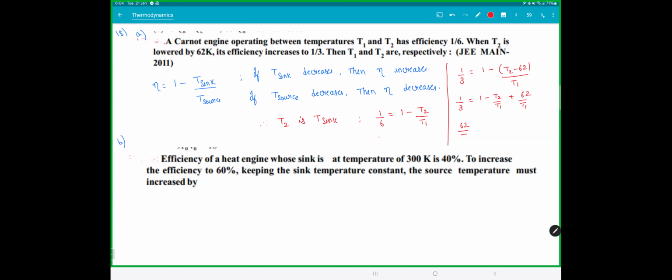So 62 by T1 is 1/6. So T1 is 372 Kelvin. Then automatically T2 will be 5/6 of that, so 310 Kelvin. Check.